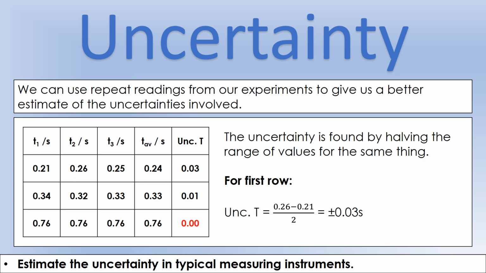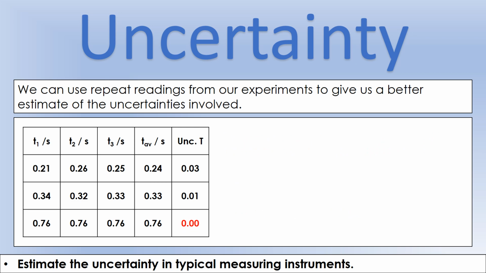Now, one thing I flagged up down here in red is this: we got the same value every time we repeated, and so by this calculation that gives us an uncertainty of 0. So that should be a party for us, right? We've got no uncertainty. Well, actually, no. We never think that something has an uncertainty of 0. So that's a key point to take away here.